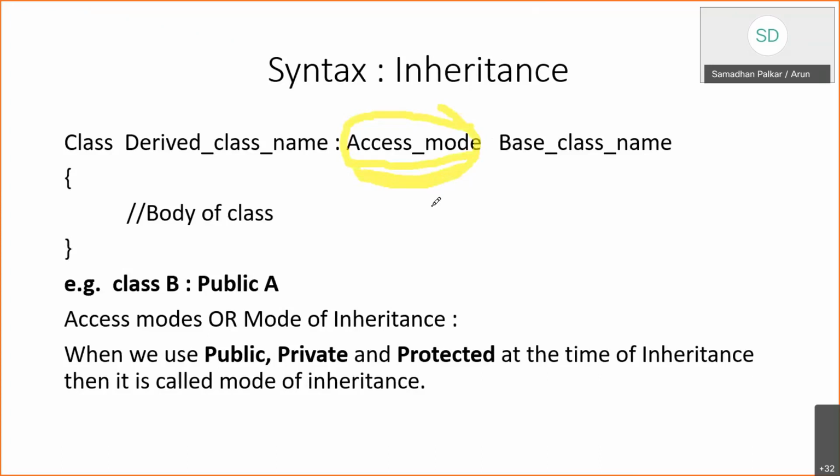We'll see what protected actually is. But for now, keep in mind that the access mode given here is the mode of access, right? So in what mode are we going to access the base class and the derived class? There is public mode of inheritance, private mode of inheritance, and protected mode, right?